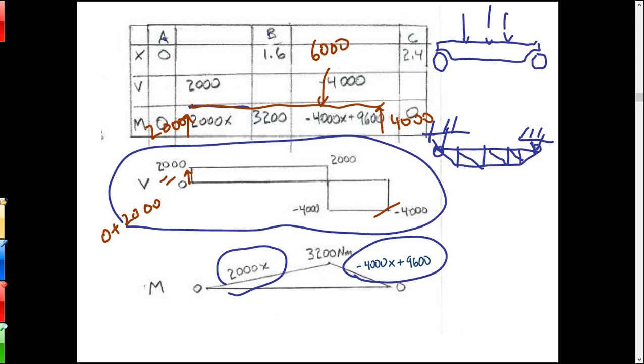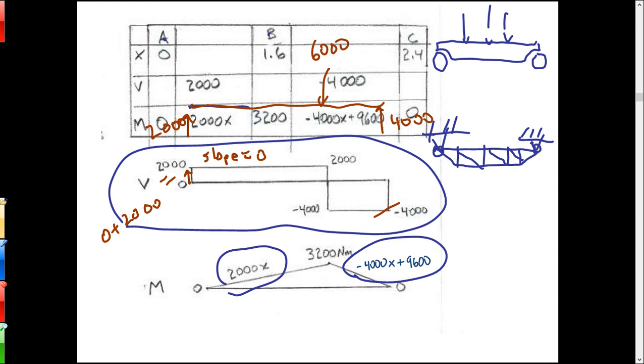Now from there to the 6,000 load, I've got nothing going on. There's no distributed load. So the slope here equals the value of the distributed load, and the distributed load equals 0. So there's no change. And from a common sense perspective, there's nothing going on on that beam that will change the shear. It just stays flat.